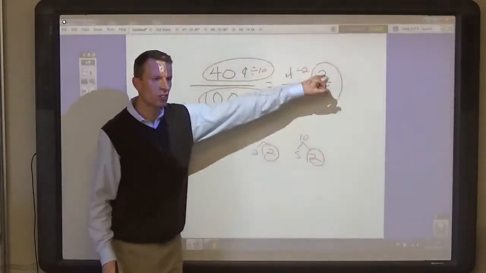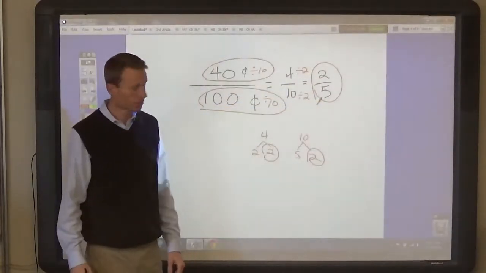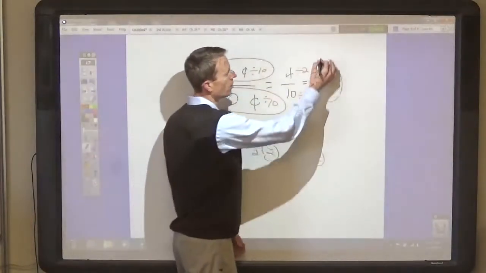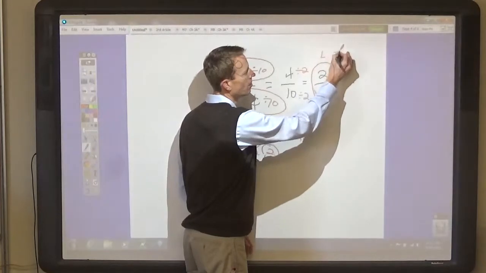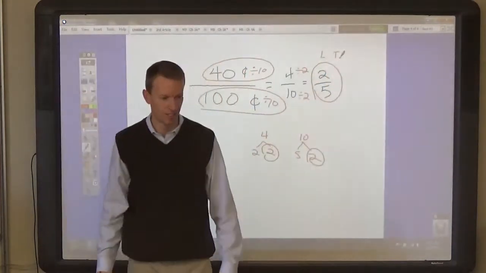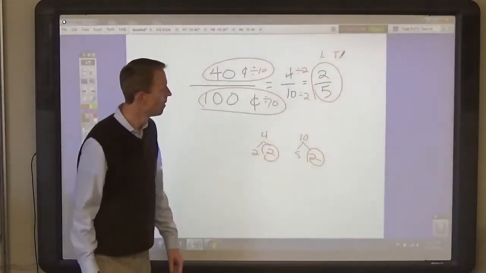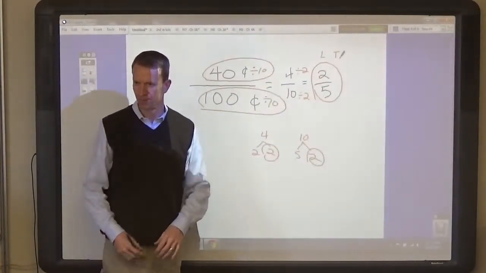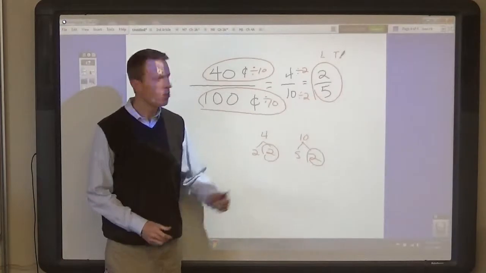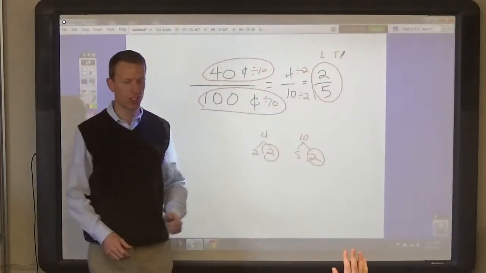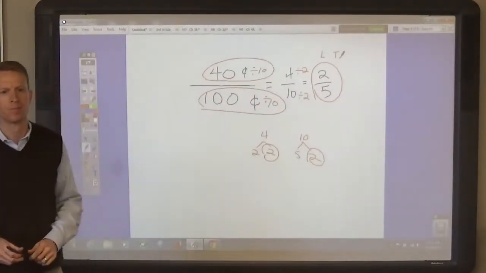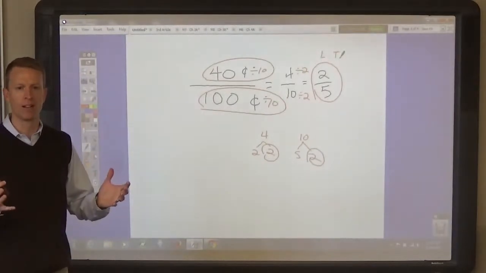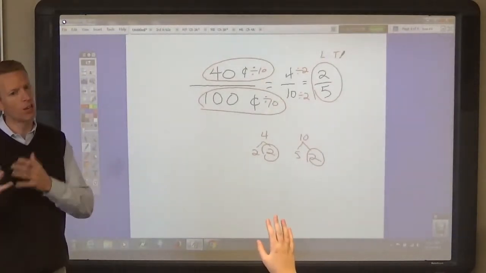Now, this is called simplest form. Okay? It's also called lowest terms. LT. Okay? Now, how do you know these are in lowest terms? What do you know about 2 and 5 from last chapter? Cool. They don't have a common factor.